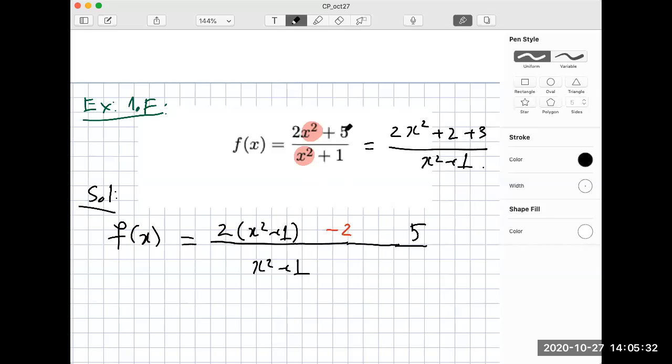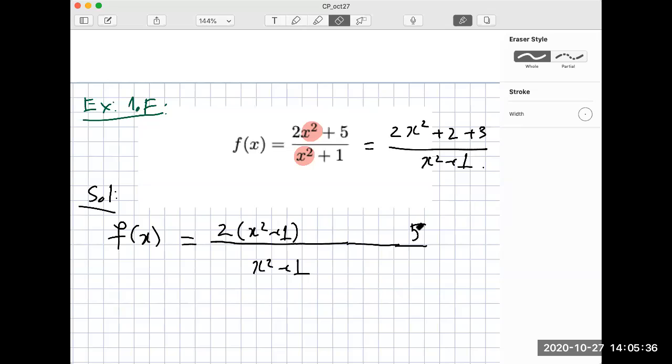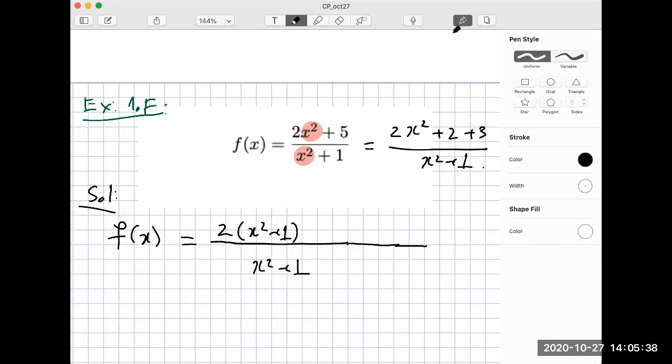If I separate the number 2 this way, then 2 is the common factor. So we can factor 2 out, right? It will be this guy plus 3. Do you agree?